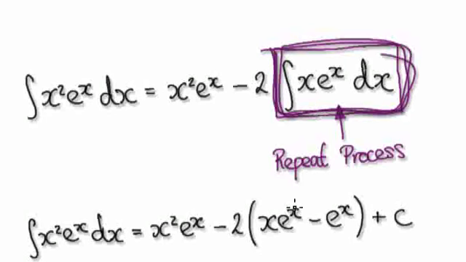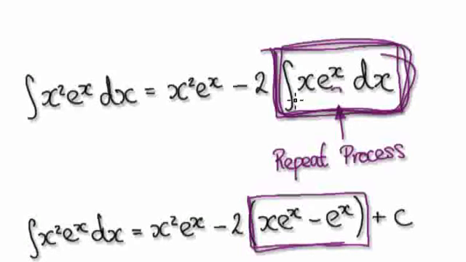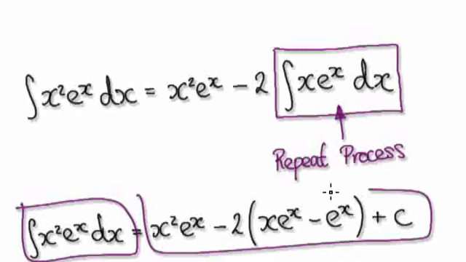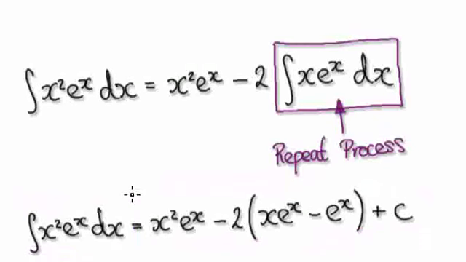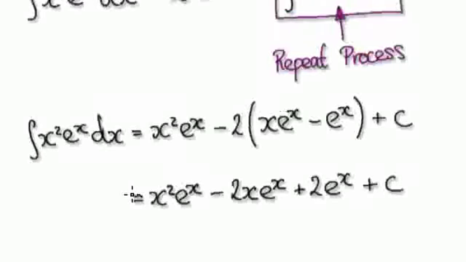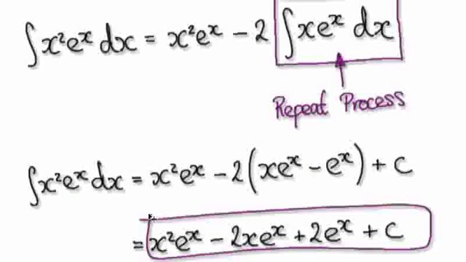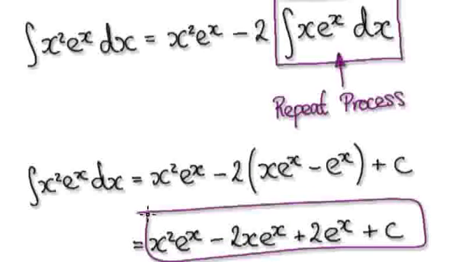Integrating this part only would give us this thing here. So overall, this whole thing here will become this thing here. So tidying it up will give us this. So overall, the answer is this.